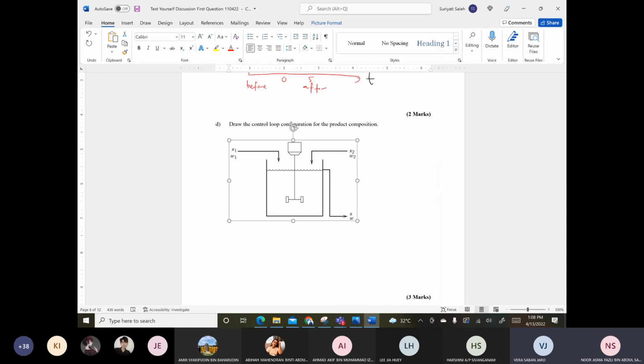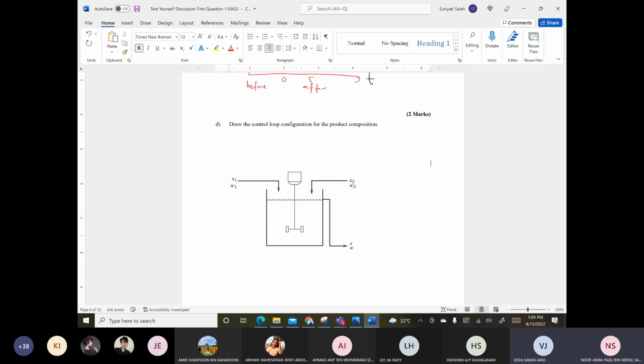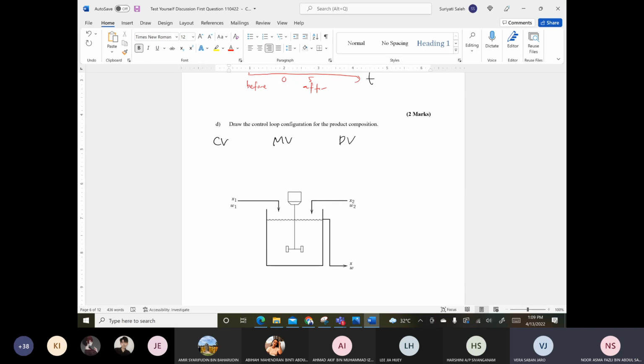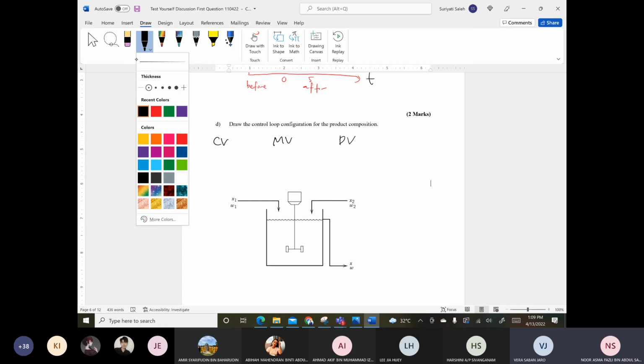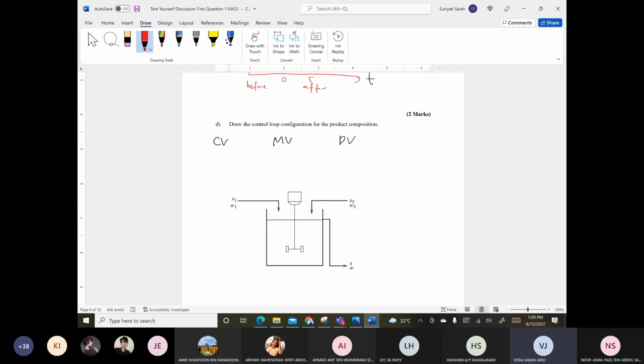Now, based on this, we want to draw the control loop configuration. Of course, in this case, we have the CV, MV, and the DV. Before we come to the control loop configuration, it's better for us to understand what our control variable is, and what our manipulated and disturbance variables are.